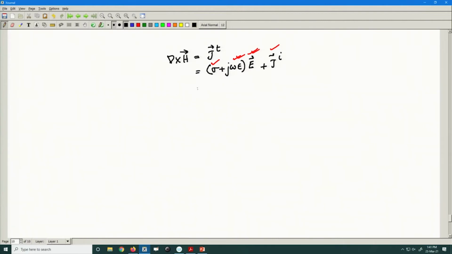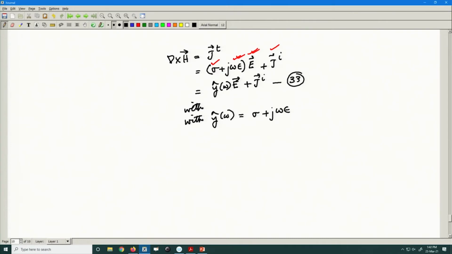So, therefore, I can write this as Y cap omega E plus J I. We call this equation 33, with Y cap omega equal to sigma plus j omega epsilon.